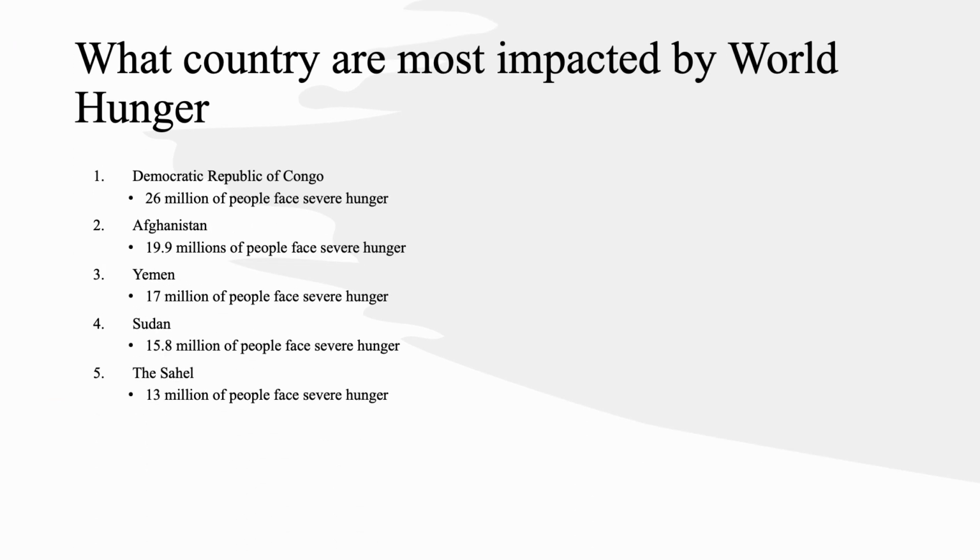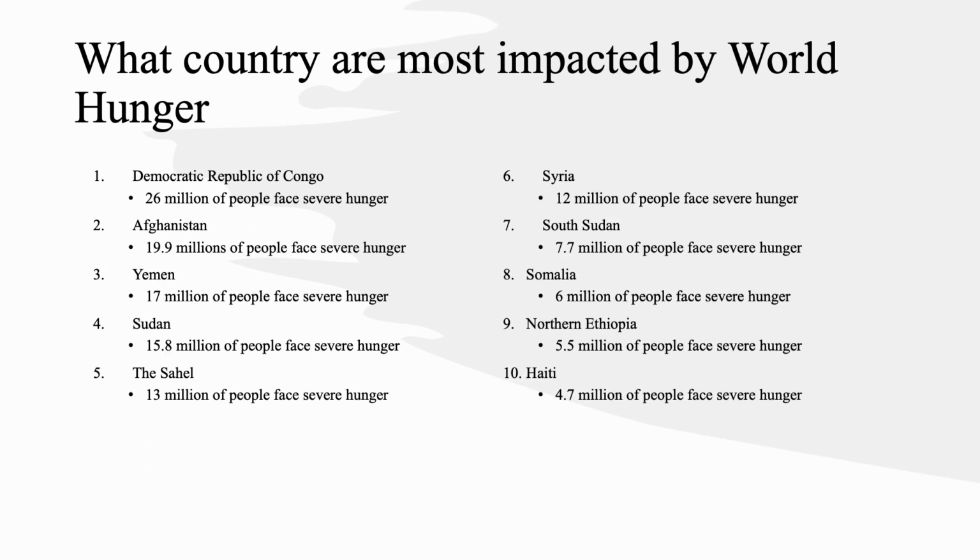Some of the countries that are more impacted by global hunger are Democratic Republic of Congo with 26 million people, Afghanistan with 19.9 million people, Yemen with 17 million people, Sudan with 15.8 million people, the Sahel with 13 million people, Syria with 12 million people, South Sudan with 7.7 million people, Somalia with 6 million people, Northern Ethiopia with 5.5 million people, and Haiti with 4.7 million people facing hunger.